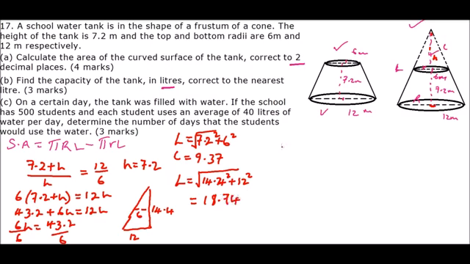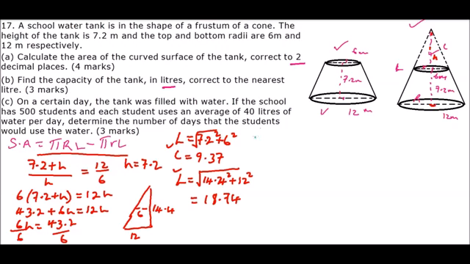18.74. Now with that, since we have small r, big R, small l and big L, we can apply our formula to get the surface area of the frustum.